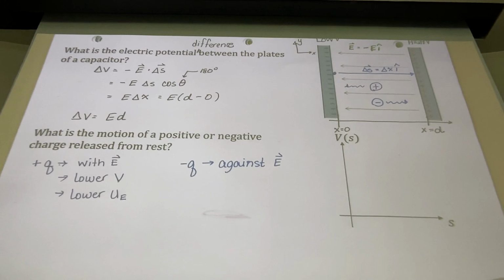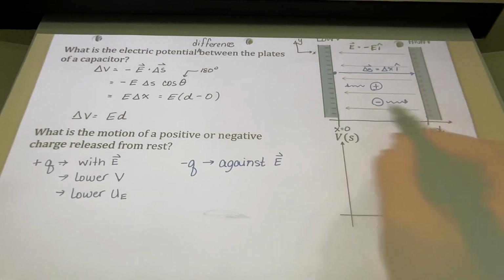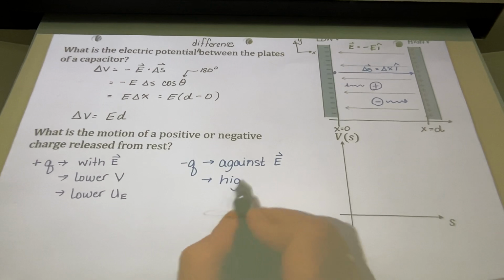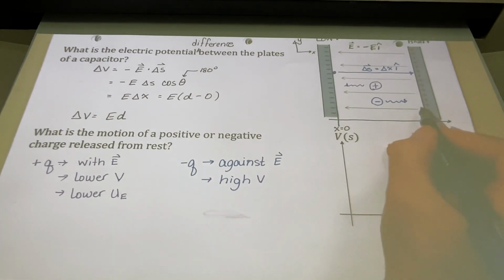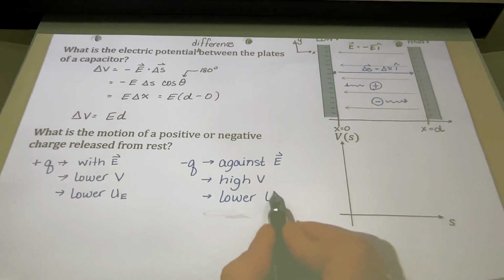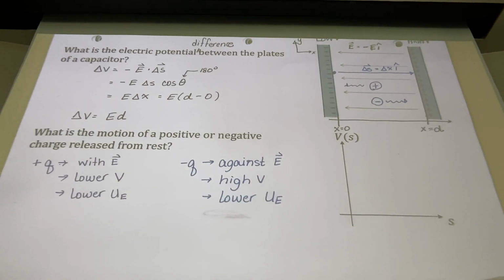The force is charge times field. The force would be a negative charge times the field, so in the opposite direction. We see that our negative charge moves towards high potential. And because our charge is negative, that's still lower potential energy. So our behavior is still the same.